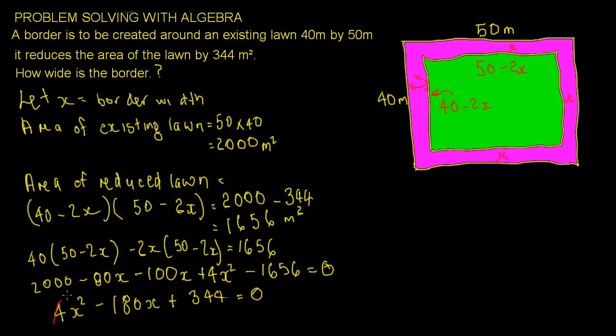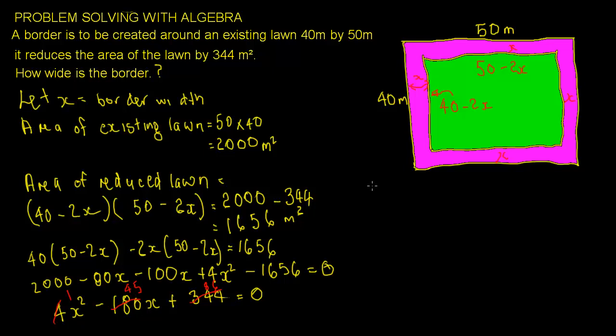So 4 goes into 4 once, 4 goes into 180, 45 times, and then the 344, 4 8's are 32, 4 6's are 24, so 86. I've just divided through by 4. It doesn't affect our equation.